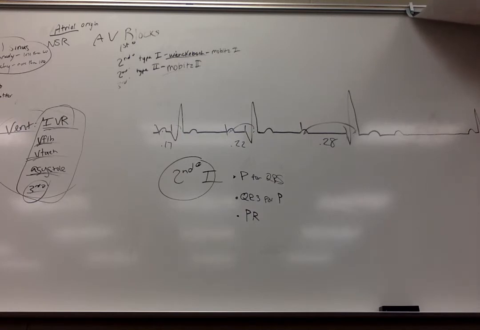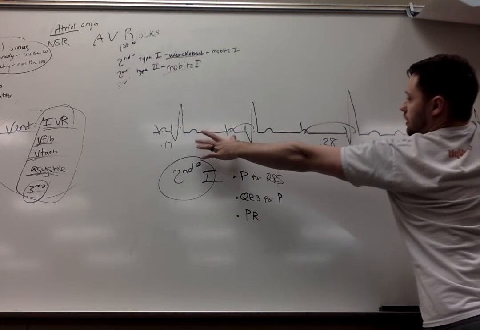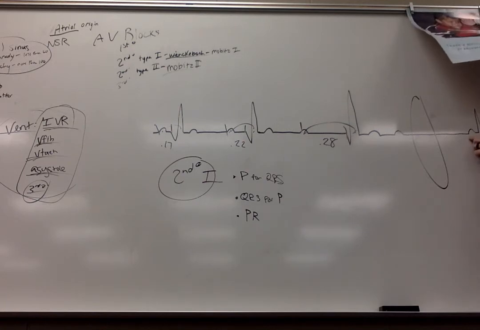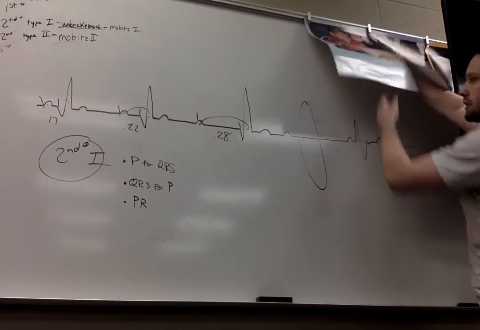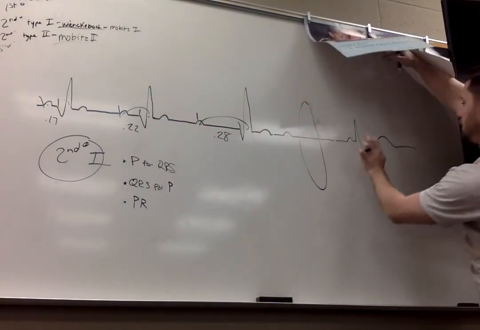You all see that? It's a Wenckebach. PR interval is longer, drop. You don't have a QRS. And it's reset. It's a Wenckebach. The PR interval, longer, drop. This is your drop. That's a Wenckebach.